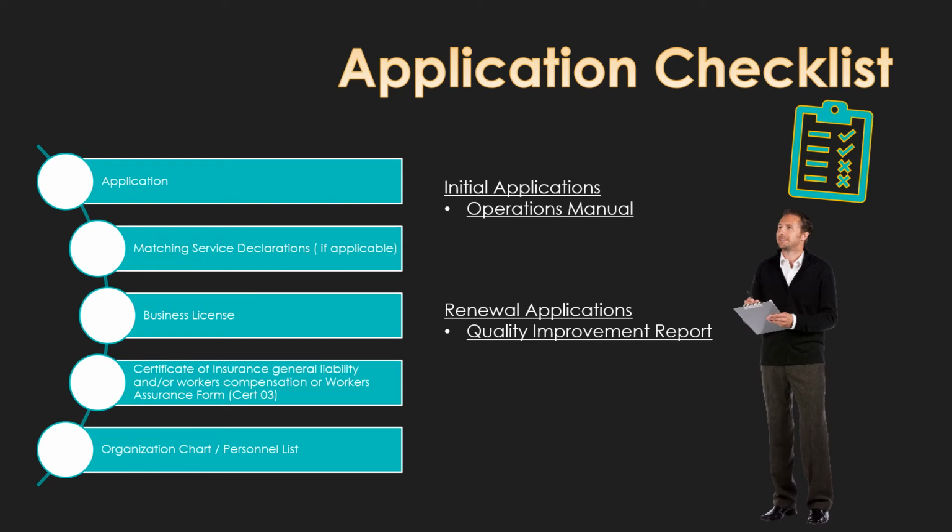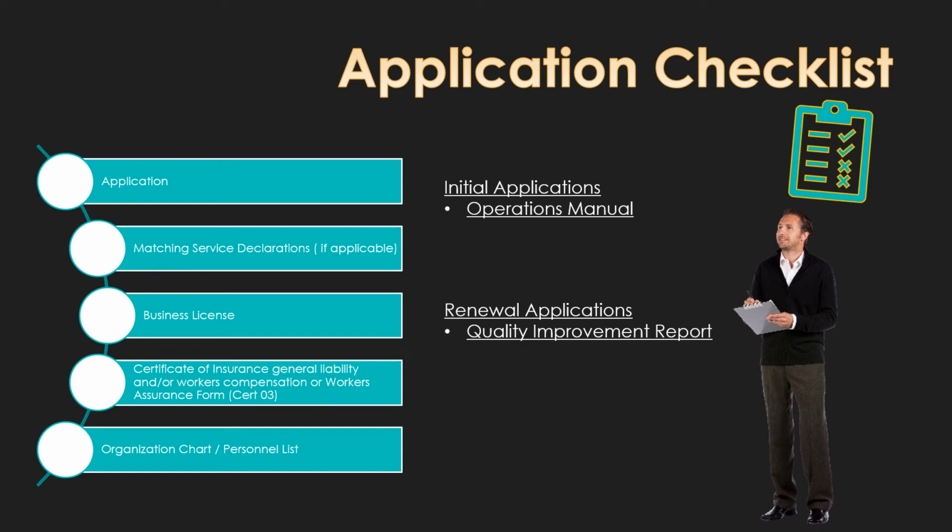Here is an application checklist of the minimum requirements that is needed to submit a complete application. The checklist includes the application, which would include a Cert 01, Cert 02, or Cert 36, the matching service declarations if applying for waiver services, a business license, the certificate of insurance for general liability, and certificate of insurance for workers' compensation or the workers' assurance form, which is a Cert 03.